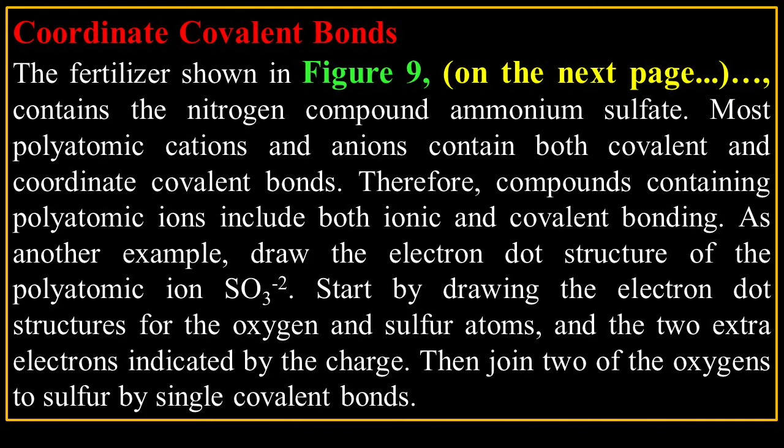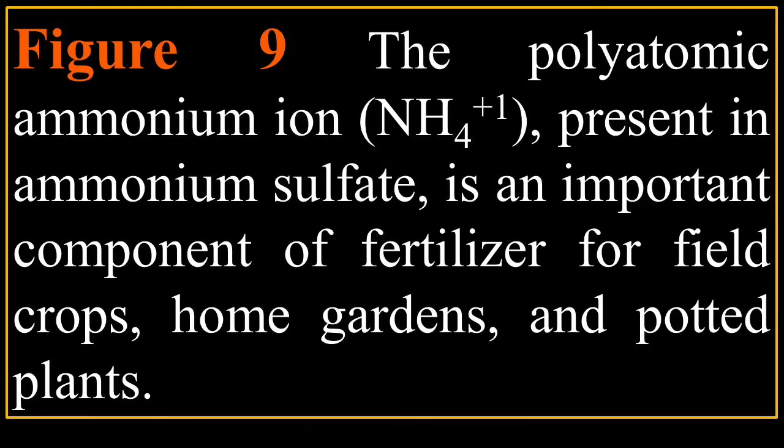Start by drawing the electron dot structures for the oxygen and sulfur atoms and the two extra electrons indicated by the charge. Then join two of the oxygens to sulfur by single covalent bonds. And what you'll end up doing is forming a molecule that has various kinds of bonds.